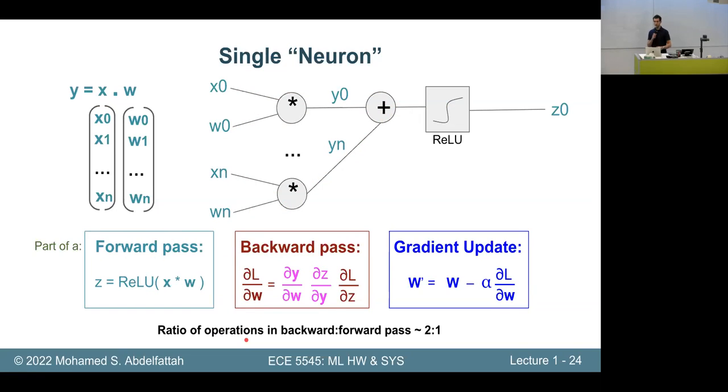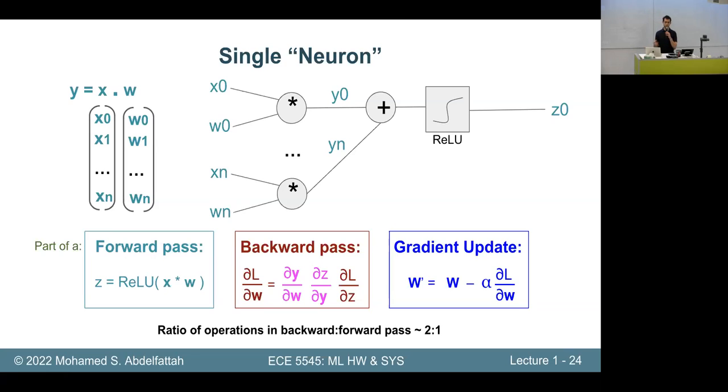In the further reading, I'm linking to a blog post which looks right to me, that goes through a more detailed derivation of the ratio of flops in the forward to backward pass. I recommend reading that. It's not required, but I think it's fun to go through it and do it by hand to grasp how much computation is going into each one.